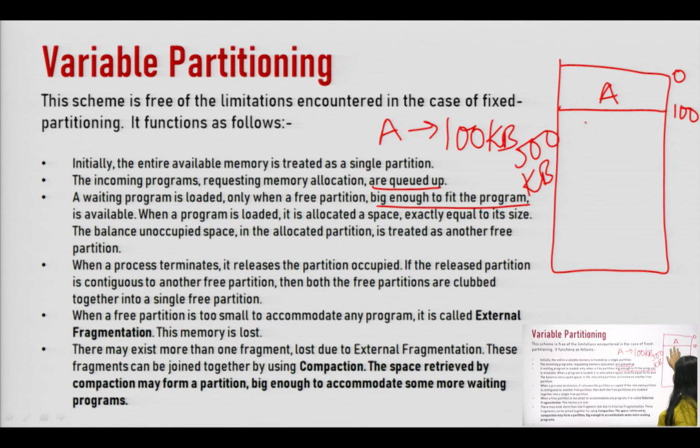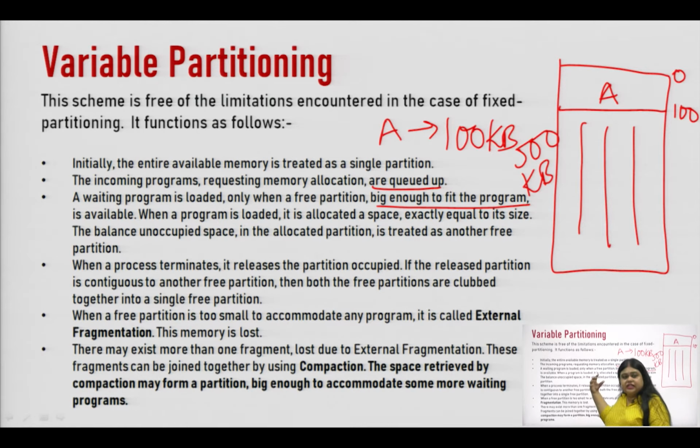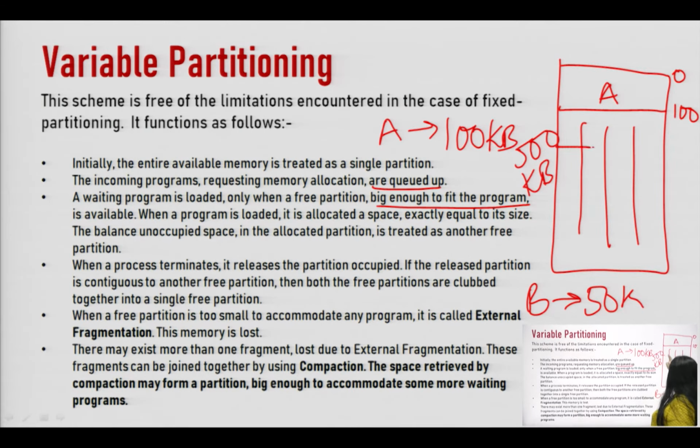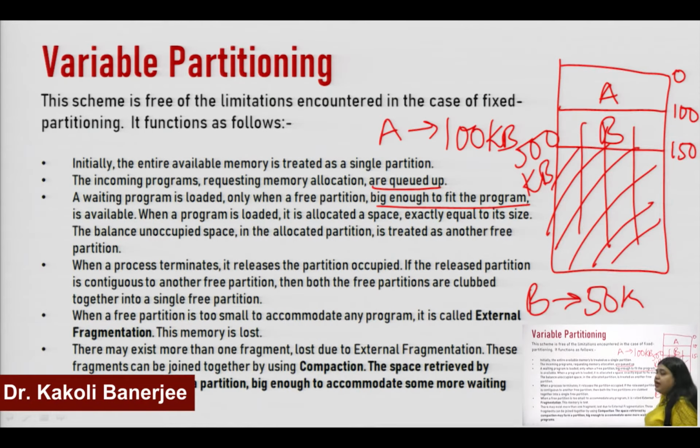Now, the remaining 400 is a new partition available for upcoming programs, right. If there is another process B with a requirement of 50 KB, another block will be created till 150 KB and B will be allocated to it, and the remaining 350 will be used as a new block, right.